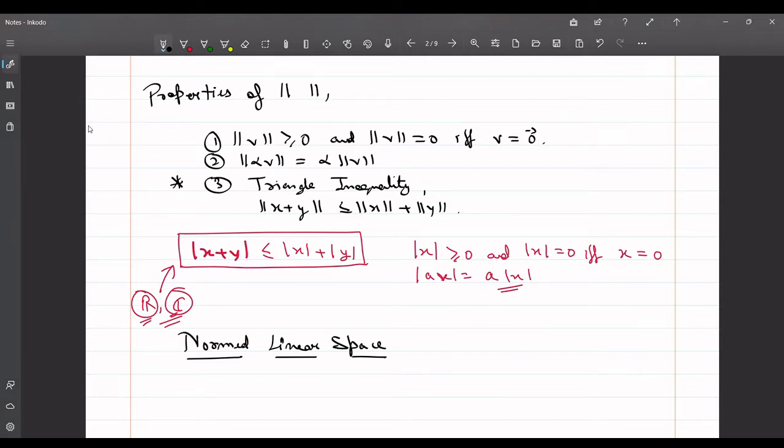You can define norm as a function from the vector space to its field. You can do it in case of real numbers as norm of x is basically the mod of x. Clear? Got it?